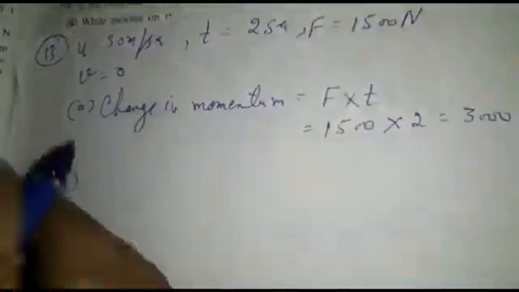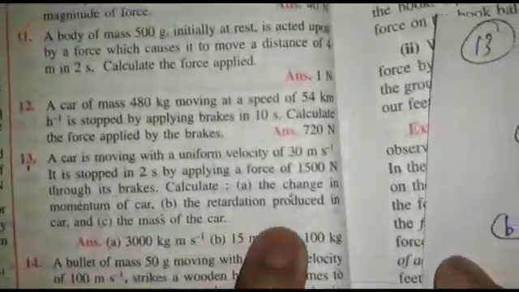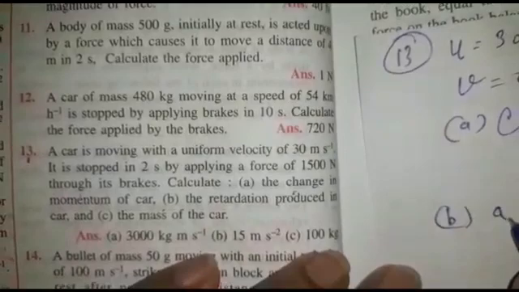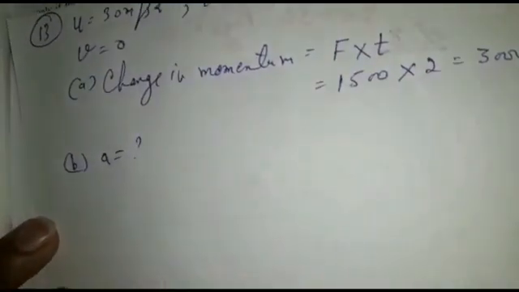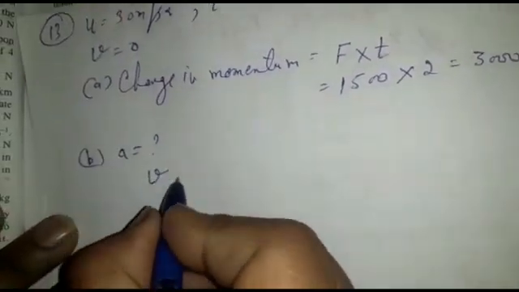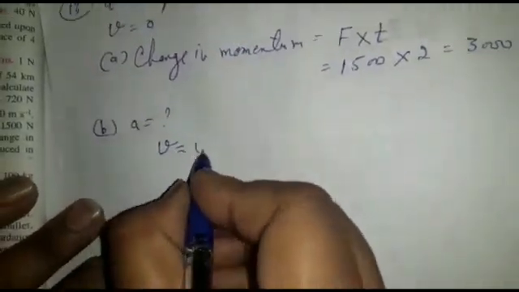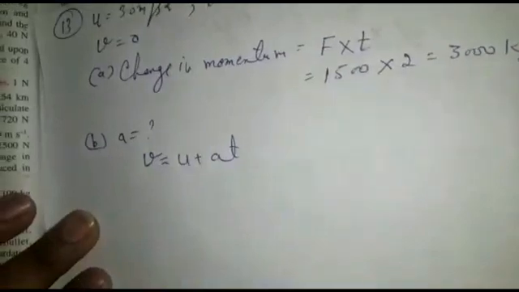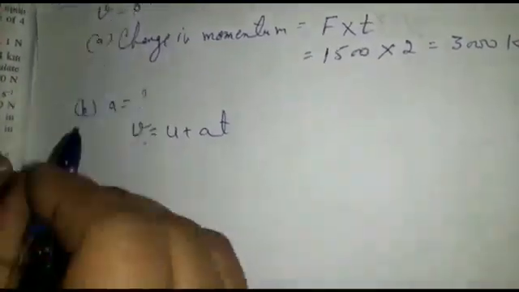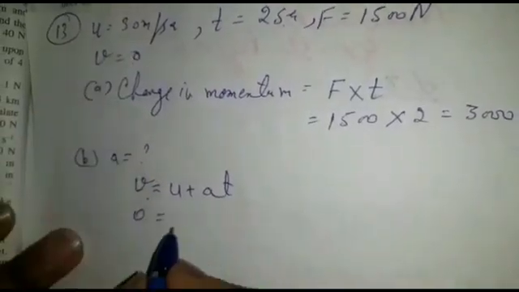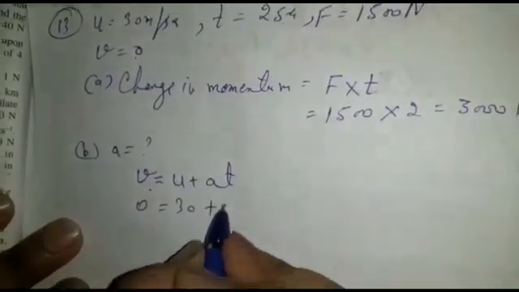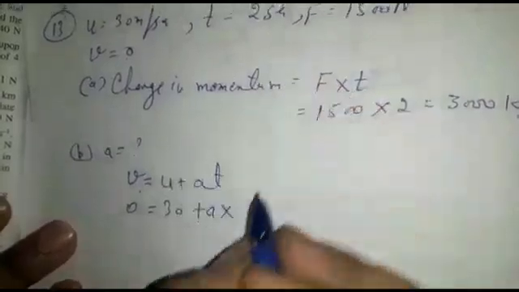Now see the B part children. B part, the retardation produced. Retardation means this a. a you have to find. And for retardation, you can calculate from the first equation of motion. v is equal to u plus at. What is your v? Your v is 0 is equal to u. u is 30 plus a, a you have to find, into time 2 seconds.